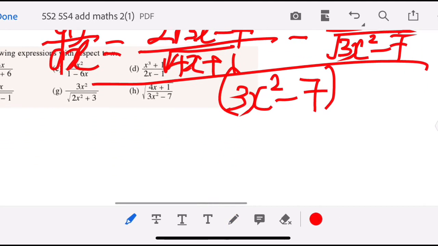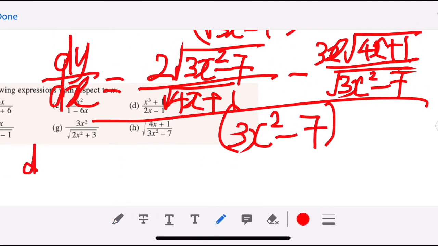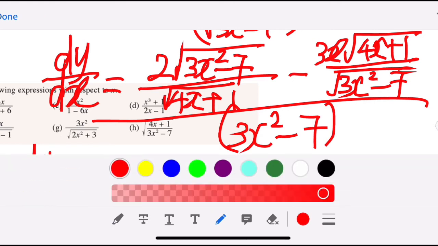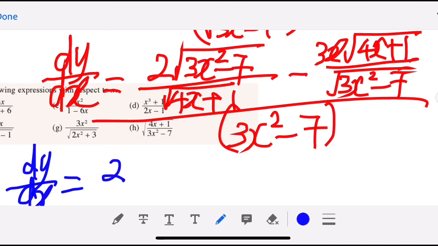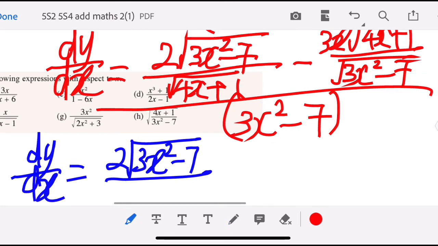Okay, let's do it carefully now. So dy/dx now becomes: we will make the denominator the same. Let's write properly.